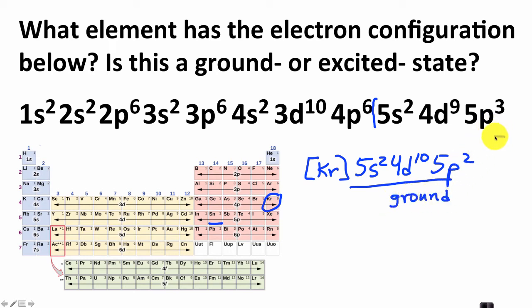We compare it to this given electron configuration and see if they match up. And here we have, instead of 10 electrons in the 4d and 2 electrons in the 5p, one of the 4d electrons has, so to speak, moved into the higher energy 5p subshell, and so this would be an excited state, and the reason is because it's not a ground state.